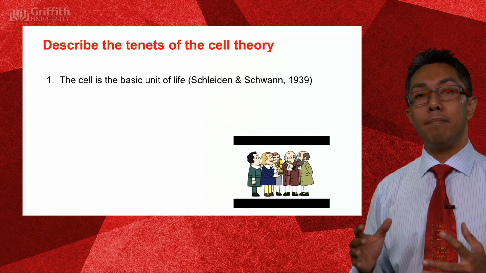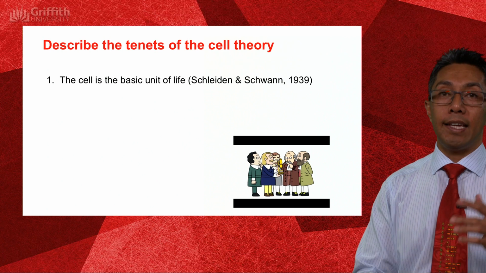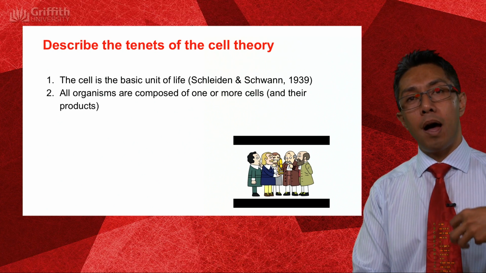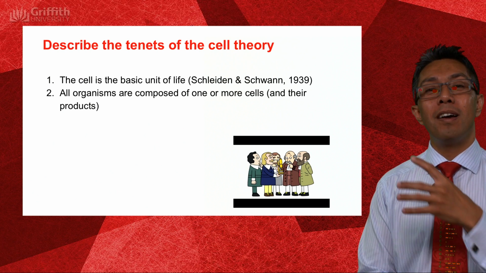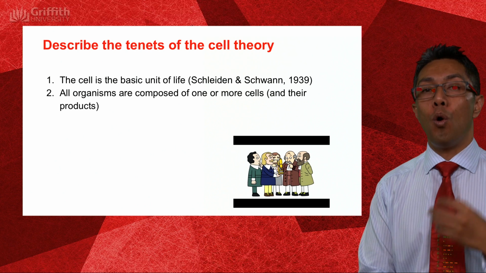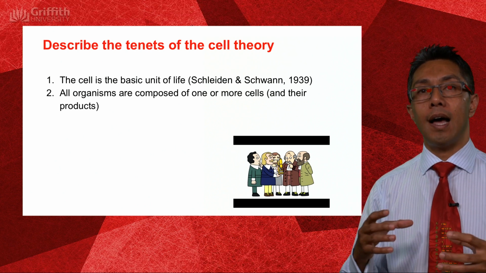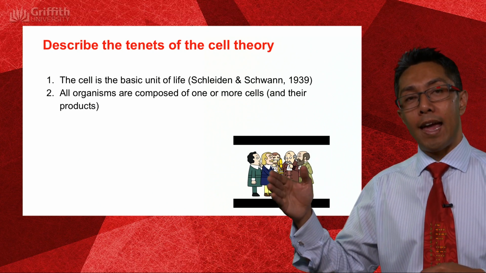Now there are three main tenets to cell theory. The first one is that the cell is the basic unit of life. Now that is partly true. That is true. But the next part also adds really important information that living things are made up of cells, but also their products.